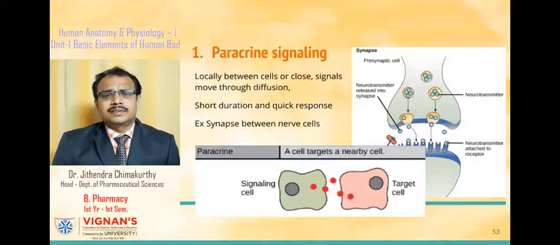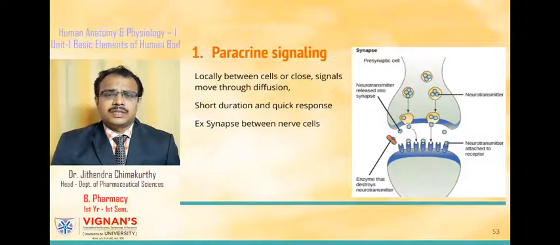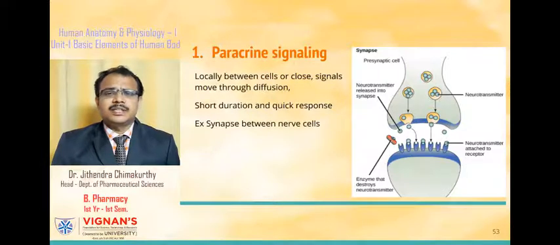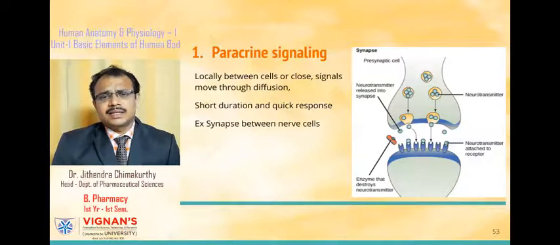An example is the synapse of nerve cells. Two neurons never attach directly. They come in close proximity with each other, and this proximity is called a synapse, and the transmission of signal from one neuron to another occurs through paracrine signaling.